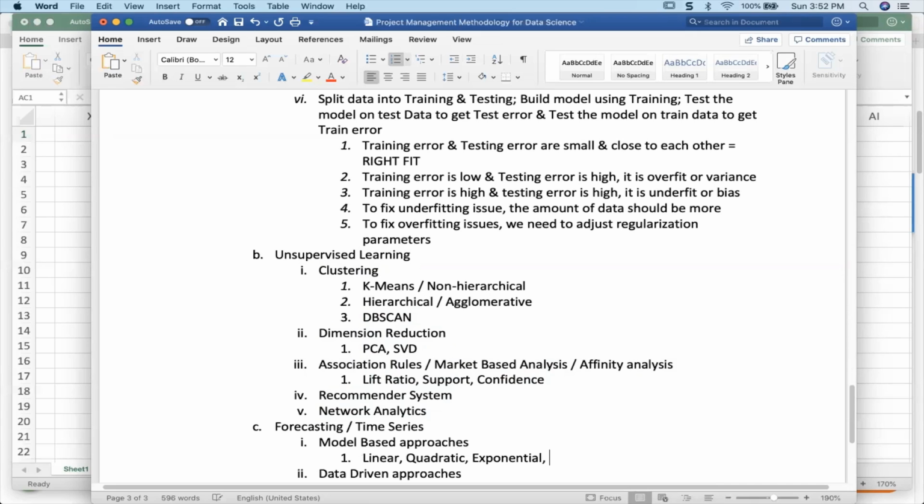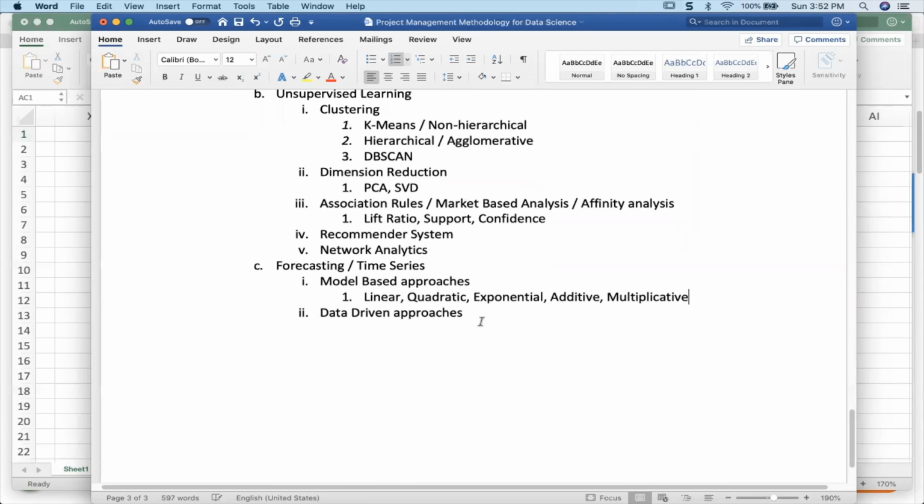And then within seasonality, you'll have additive and multiplicative, right? And then you have data-driven approaches wherein you learn about autoregressive, moving average, exponential smoothing, ARIMA, Holt's or double exponential smoothing, Winters technique. All these are the various techniques which are available, right?